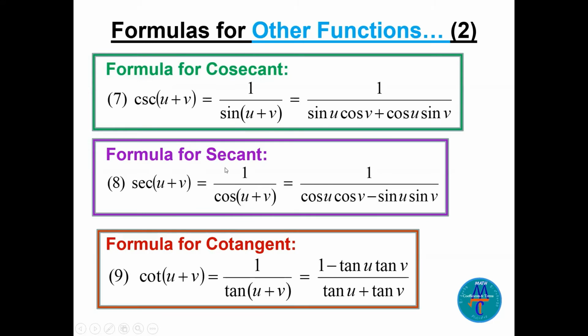Same thing for secant, secant of u plus v, the reciprocal of cosine. And the cotan of u plus v, it will be 1 over tan of u plus v. If you need cotan of u minus v, so you know what to do, 1 over tan u minus v, then you can use the formula for tan u minus v.